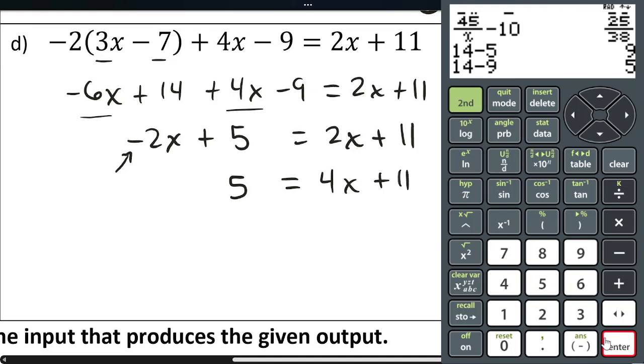Now, if I take the number 11 and subtract that from both sides, 5 minus 11 is -6. And on the other side, when I subtract 11, I just get 4x. So therefore, -6 over 4 is what x is, and that reduces to negative 3 over 2. So x is negative 3 halves.